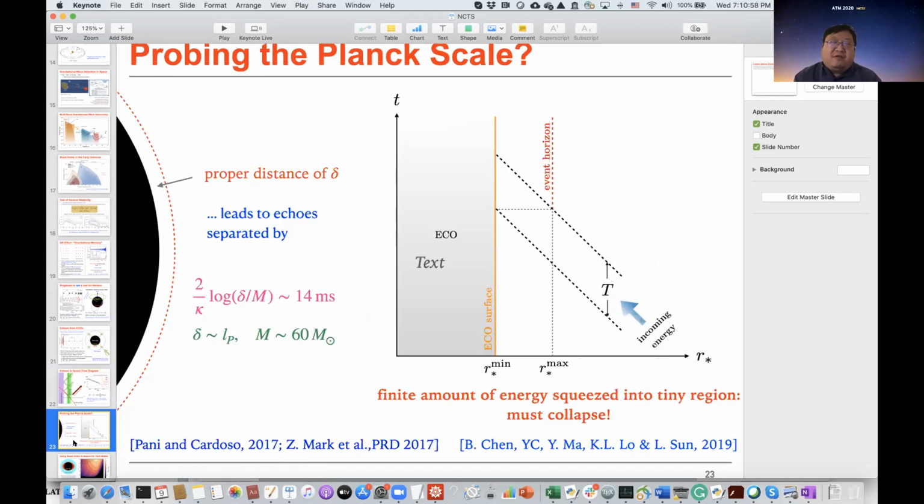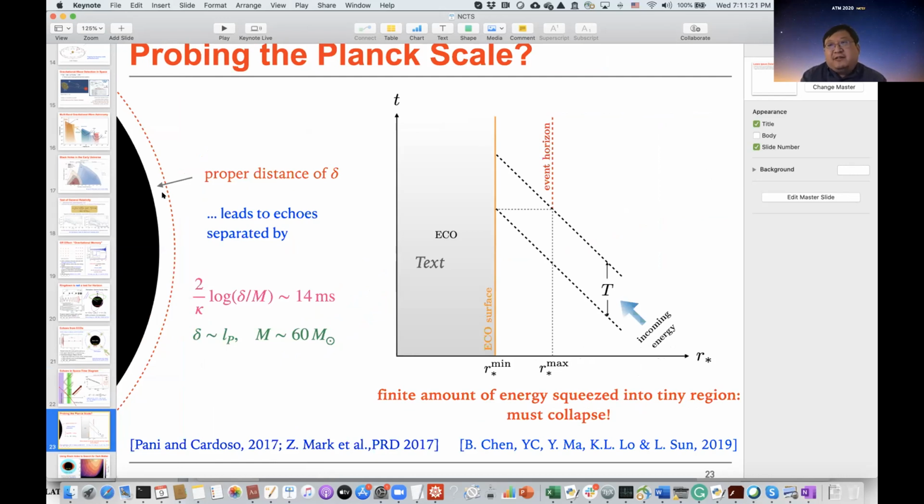So why are we so intrigued by the echo? I think one reason is, it's not numerology, but it's a little bit like that. If you think about the location at which the waves might be reflected from the horizon, you can say, what about a proper distance delta away from the horizon?